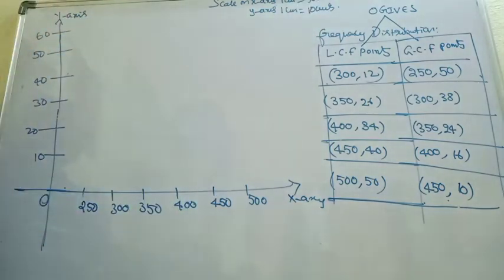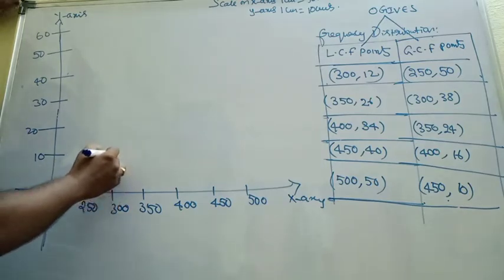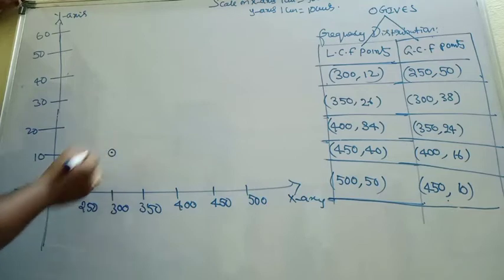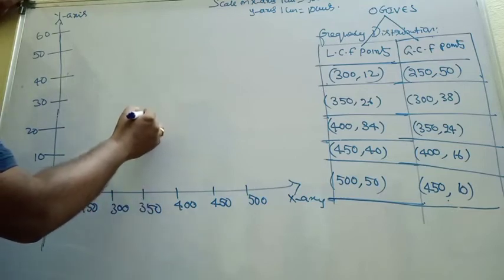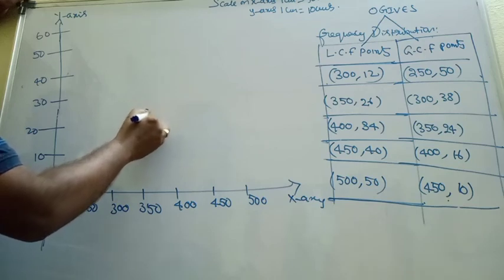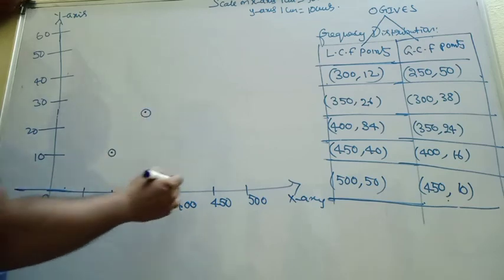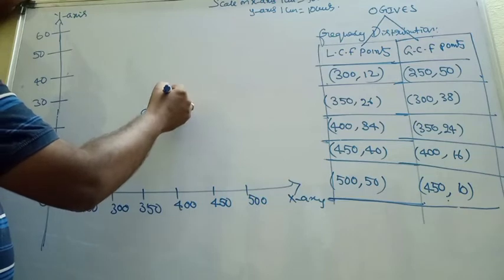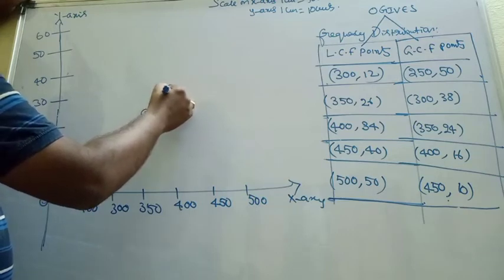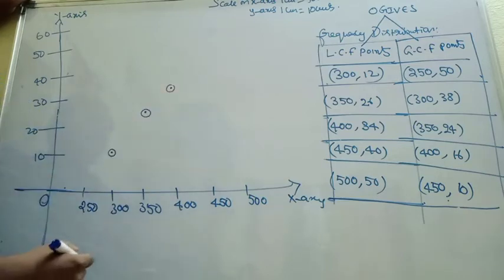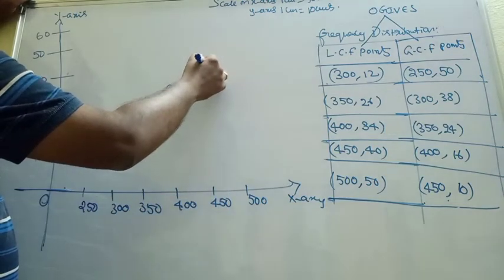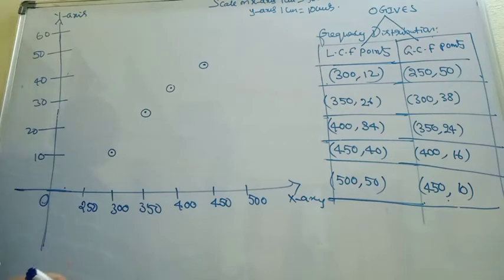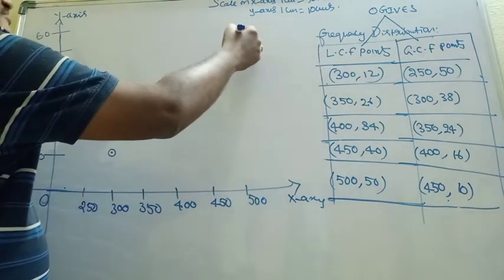Now you see 300 comma 12. The first one is the LCF curve: 300 comma 12, 350 comma 26, 400 comma 34, 450 comma 40, and 500 comma 50, like this.